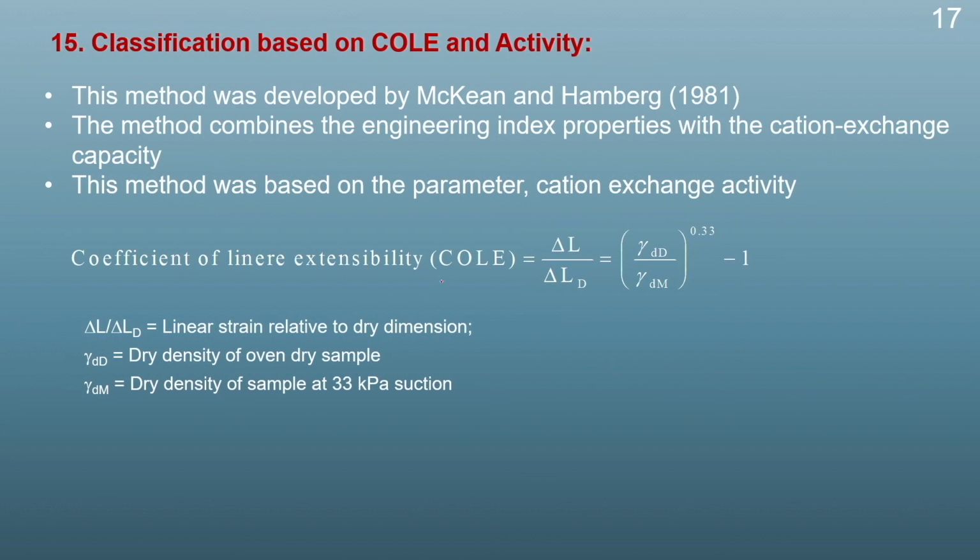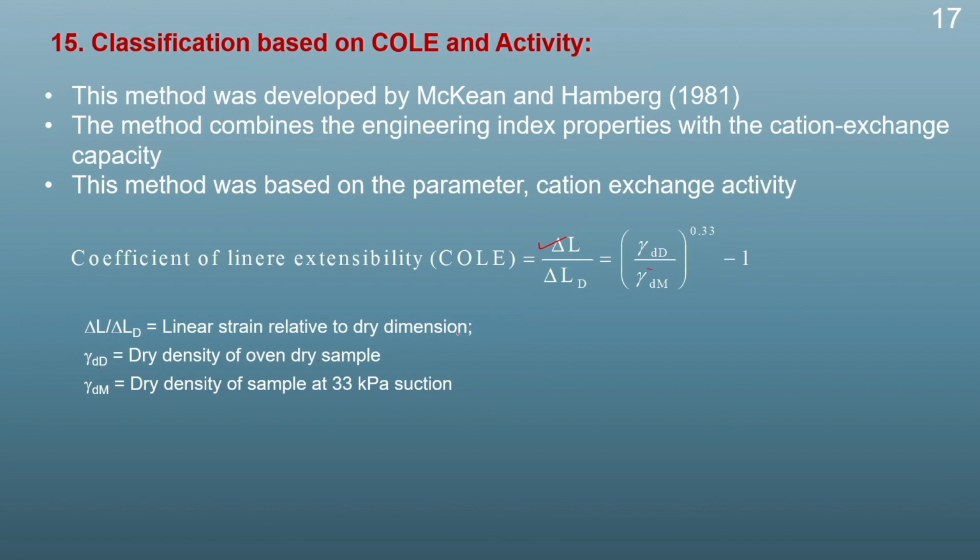Generally, the coefficient of linear extensibility is defined by this formula, that is, delta L by delta L_D, or it can also be related as gamma_dd divided by gamma_dm to the power 0.33 minus 1, where delta L by L_D is the linear strain relative to dry dimension, gamma_dd is the dry density of oven dry sample, and gamma_dm is the dry density of the sample at 33 kPa suction.